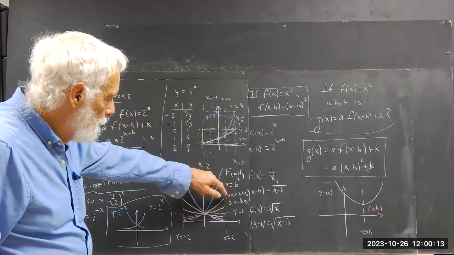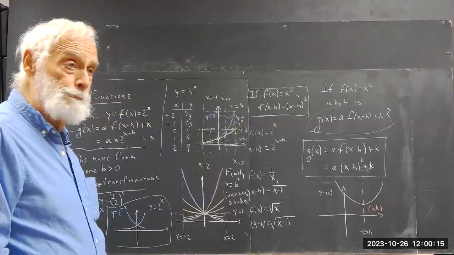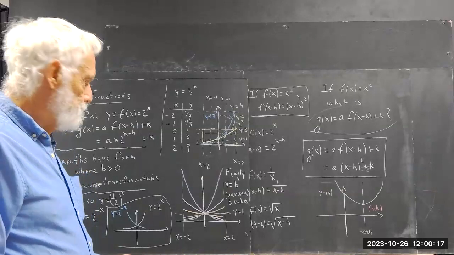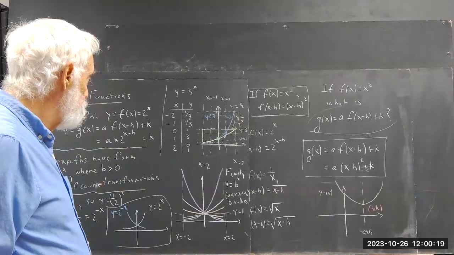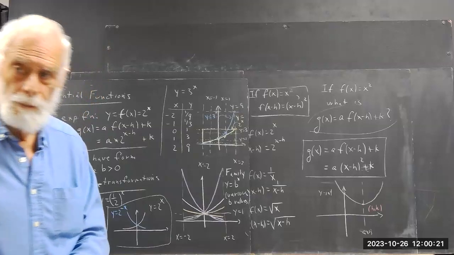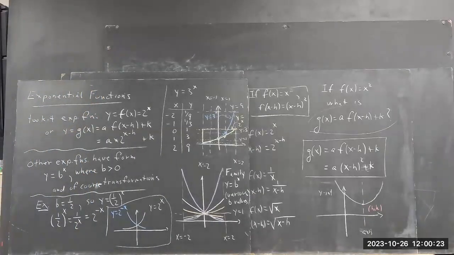It's the family y equals b to the x for various b values. I don't know if any of that got recorded. Let's push a button and see.